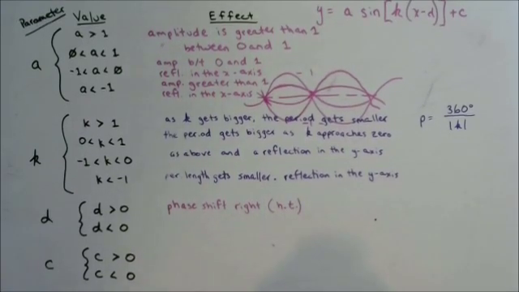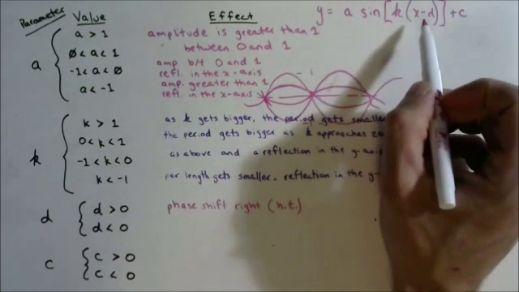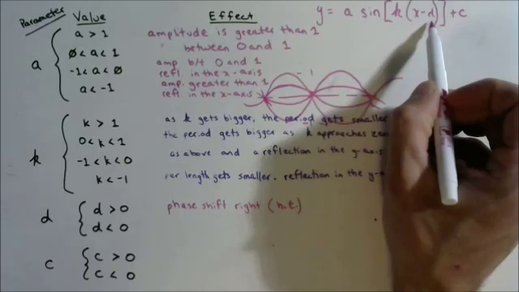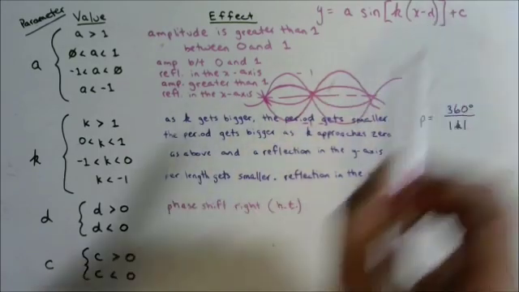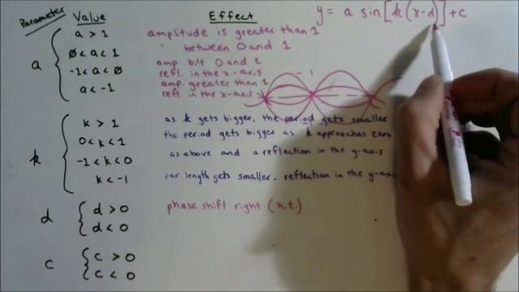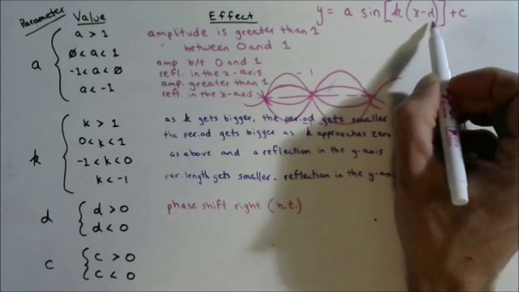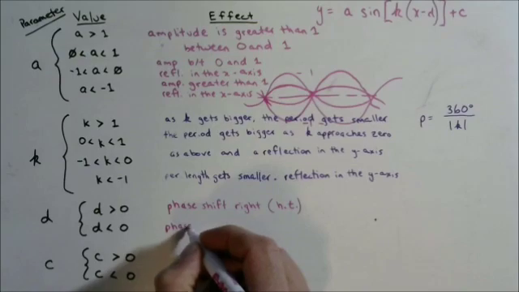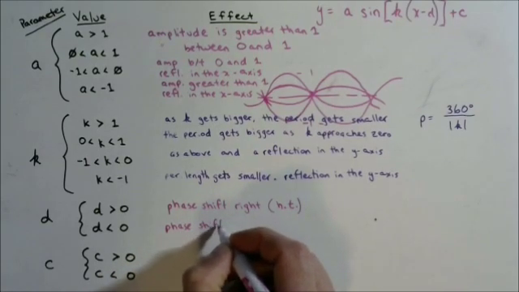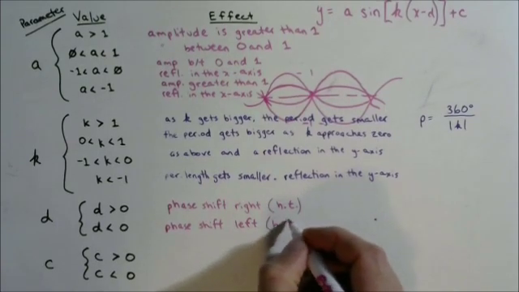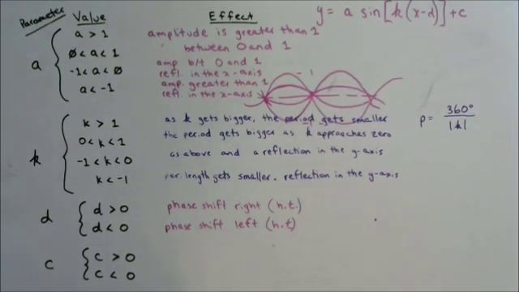We'll put that in brackets. And again, we have to remember that if D is positive, then inside the bracket will actually be X minus some number. So when we see X minus some number, we're actually causing it to phase shift to the right. All right, and same thing when you see X plus a number, that actually means you have a negative value for D, which is going to cause a phase shift left D units, right? That's a horizontal translation.